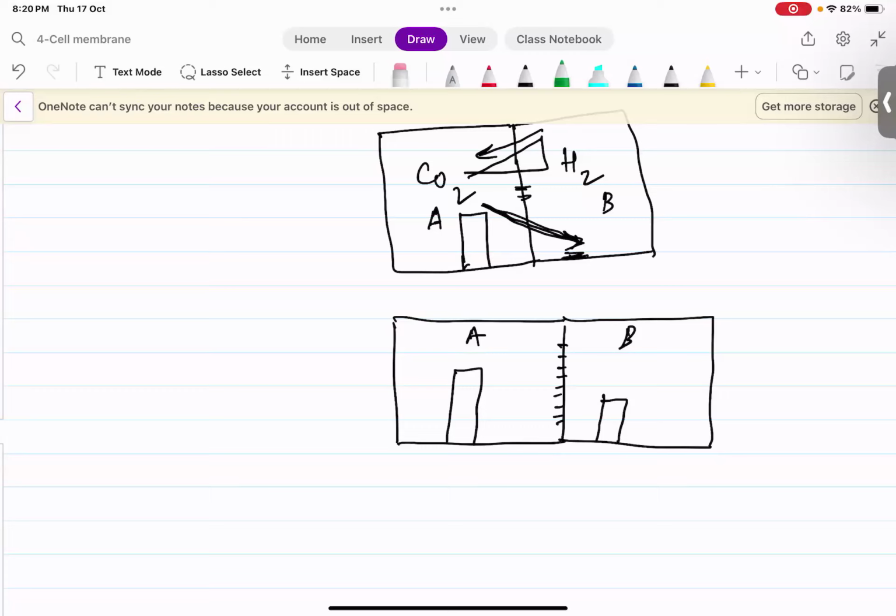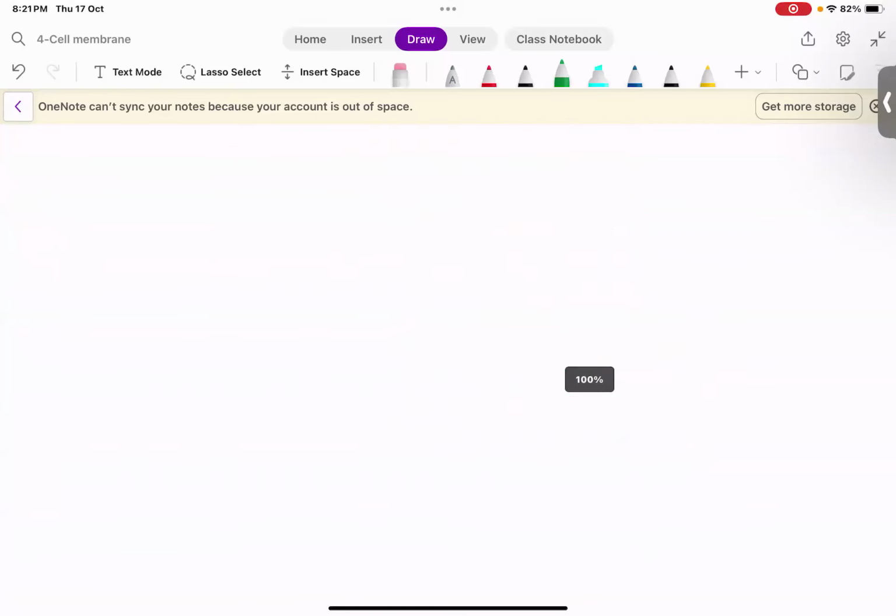So carbon dioxide would be moving in both directions. Carbon dioxide will be moving from A to B, and it will also be moving from B to A. But there would be more movement because there is a high concentration here in jar A, so there would be more movement from jar A to jar B and less movement of these molecules from jar B to jar A. So this random mixing up of these molecules of carbon dioxide from A to B or from B to A, that is known as diffusion.